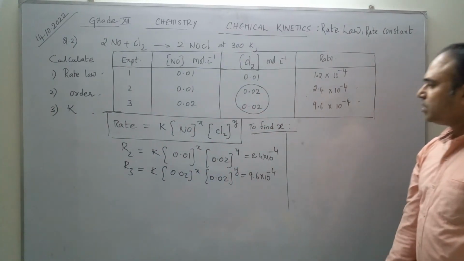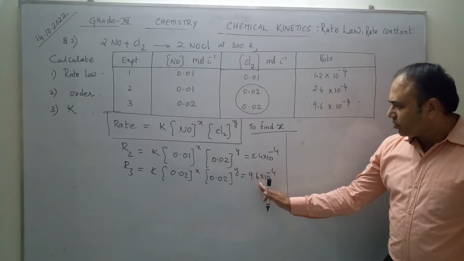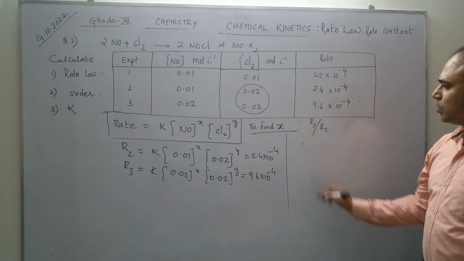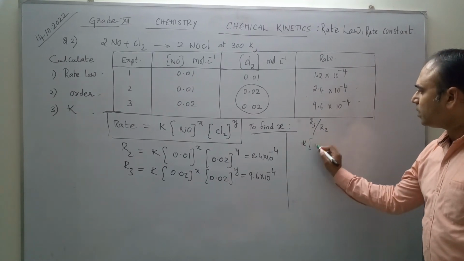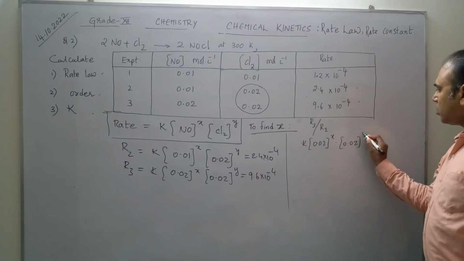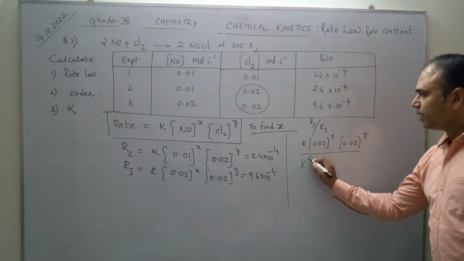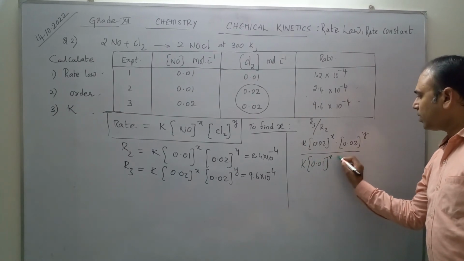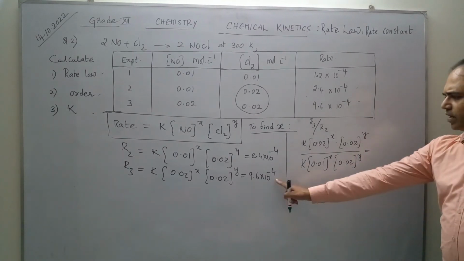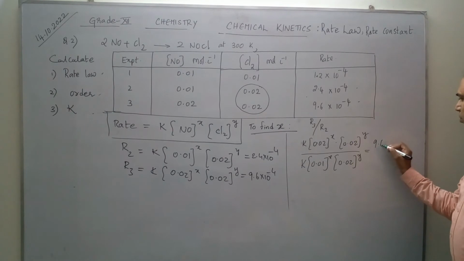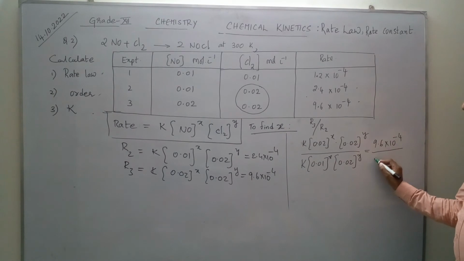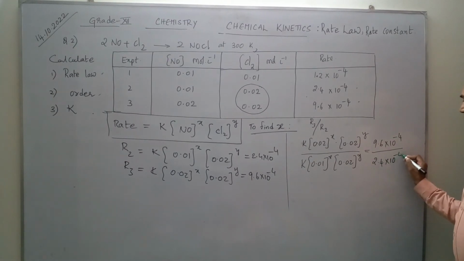So with this what we can do, we take the maximum values, that is R3. So let us take R3 divided by R2. So we can write like this. k into 0.02 to the power of X into 0.02 to the power of Y divided by k into 0.01 to the power of X into 0.02 to the power of Y is equal to the rate R3 value, 9.6 into 10 to the power of minus 4, divided by the R2 value, 2.4 into 10 to the power of minus 4.